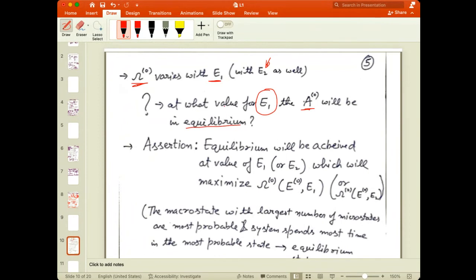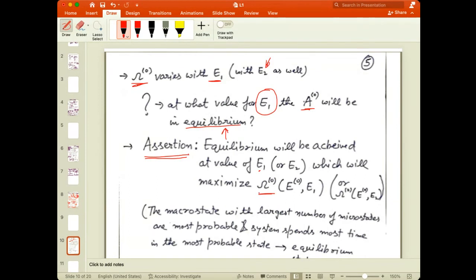This is the question now, because we allowed thermal contact, so they will attain some equilibrium state, but we are not as of now aware of what that equilibrium state will be, right? So here one assertion is that the system is going to equilibrate in that configuration, or that value of E1, for which this function omega is going to get maximized, right?